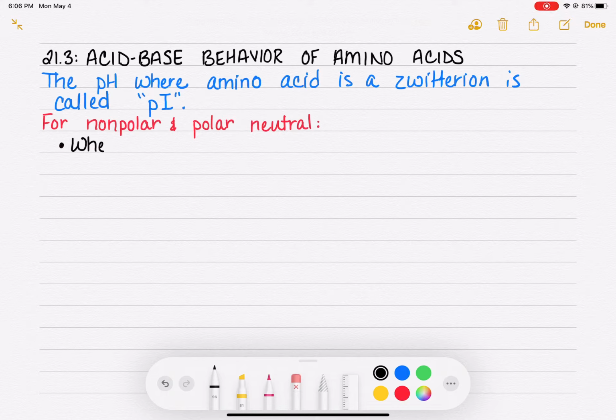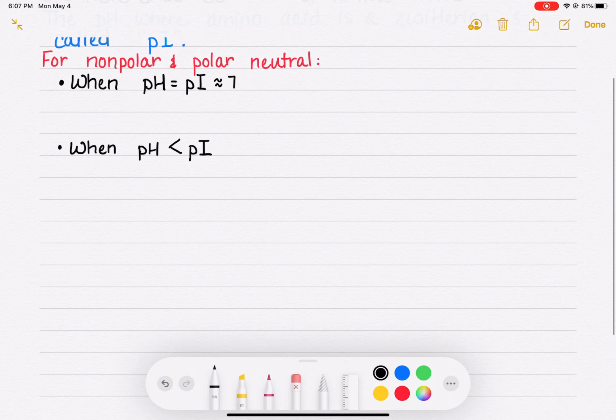When we have nonpolar and polar neutral amino acids, there are three different things for us to consider. One option is when the pH is equal to the pI, which for these amino acids is approximately 7. Another option is when the pH is less than the pI. And the third option is when the pH is greater than the pI.